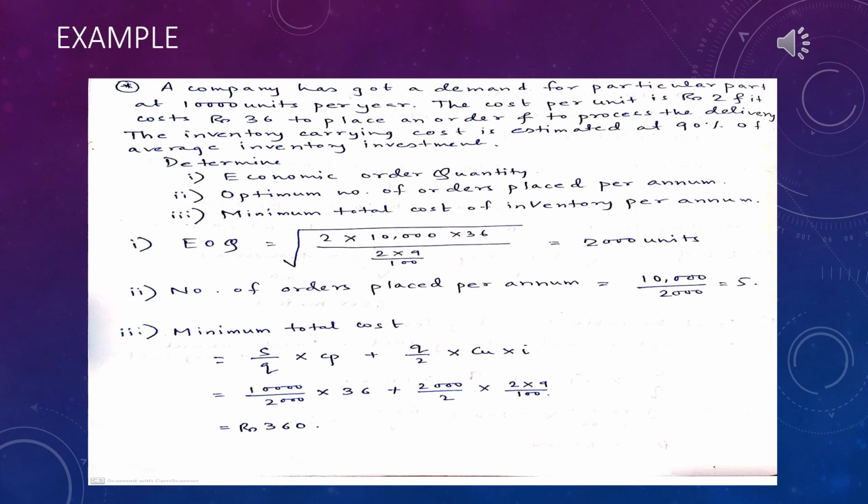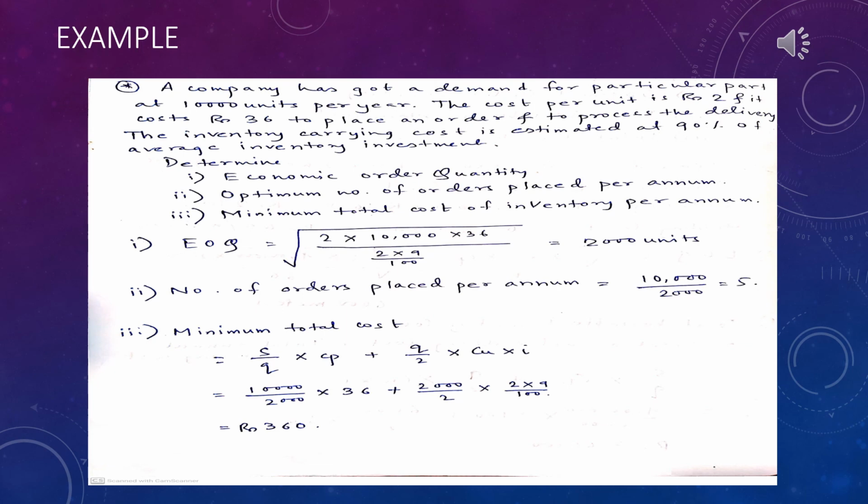The inventory carrying cost is estimated at 90% of the average inventory investment, which is very similar to the last sum. What we have to find out is the economic ordering quantity, the optimum number of orders to place per year, and the minimum total cost of inventory per annum. Very easy things to find out.